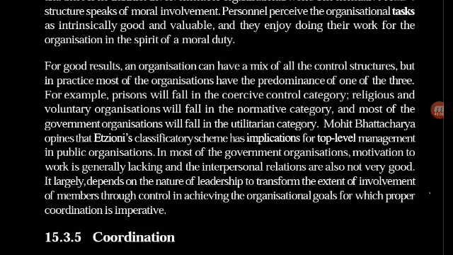For example, prisons will fall in the coercive control category. Religious and voluntary organizations will fall in the normative category, and most of the government organizations will fall in the utilitarian category.